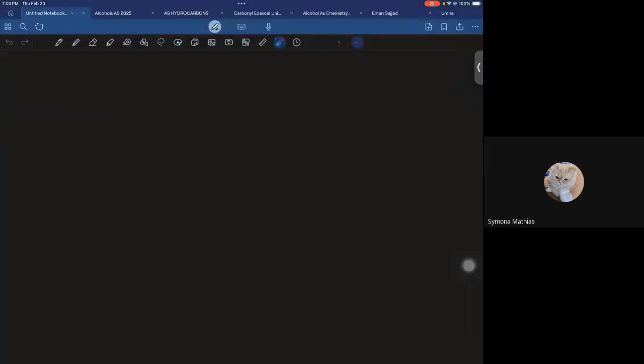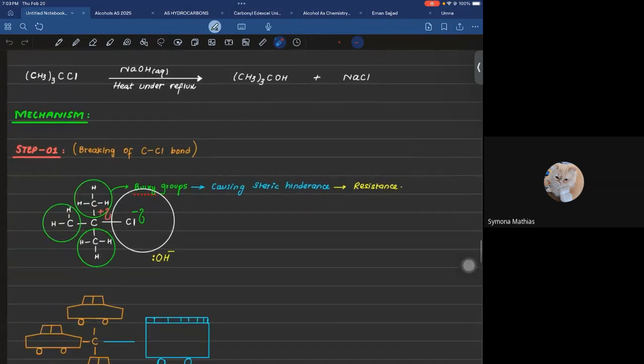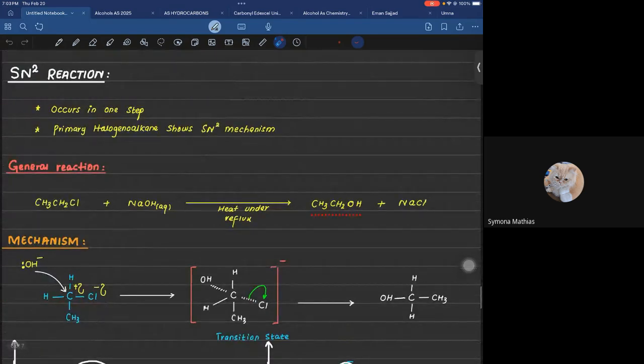So we were discussing, I told you that the SN1 reaction is in two steps and the SN2 reaction is in one step. And I told you the reason why the SN1 reaction occurs in two steps. Tertiary halogenoalkane has three alkyl groups attached.